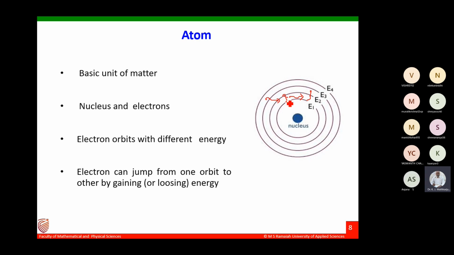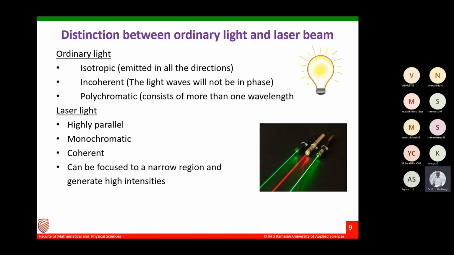And then we talked about normal light. Normal light spreads in all possible directions, and since it is moving in all possible directions, it ceases its existence after a longer distance.